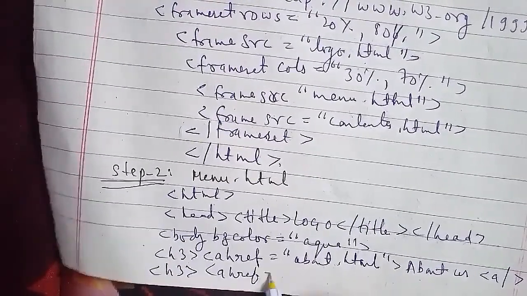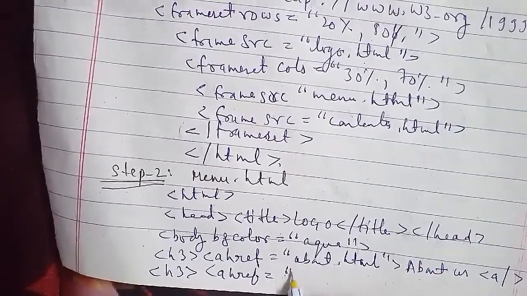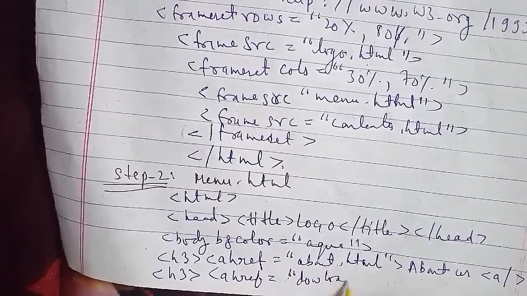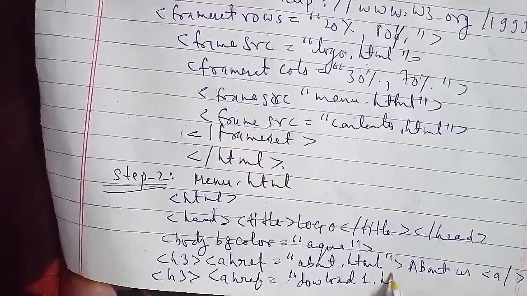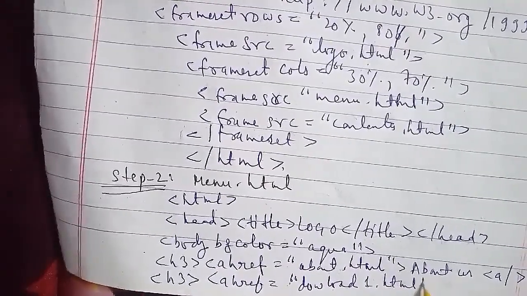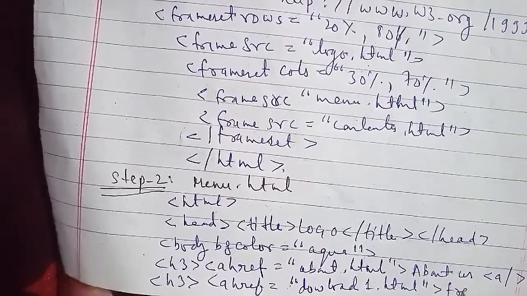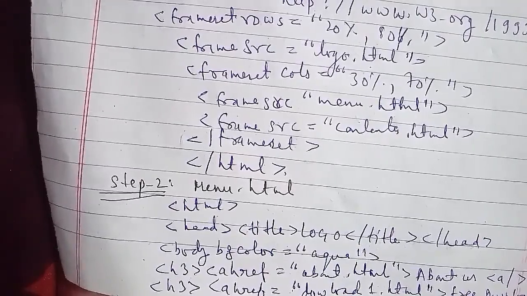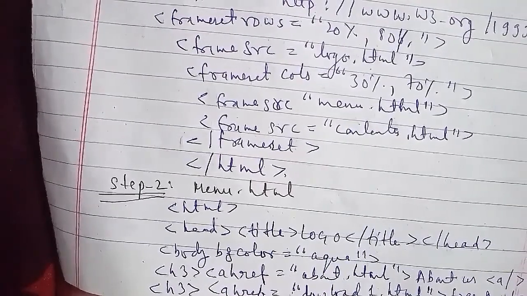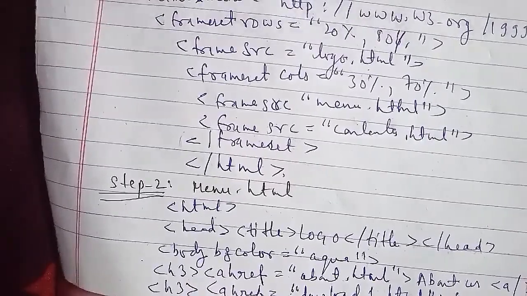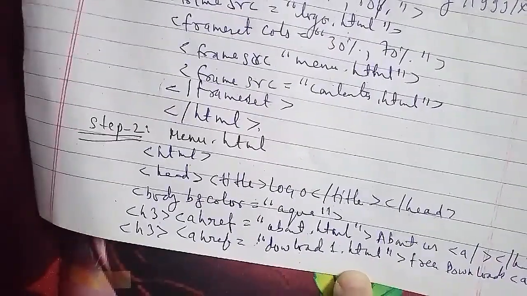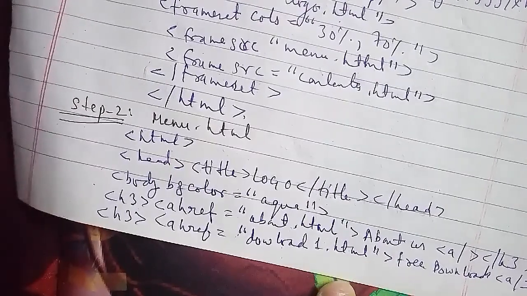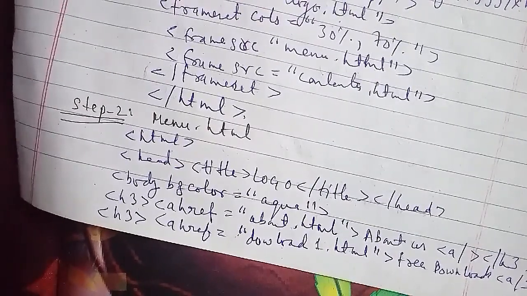Then next we have h3, a href equals to download2.html, that is Download Catalog, then a closing, and then of course we have to close the h3 as well.